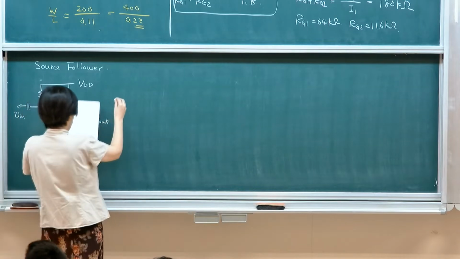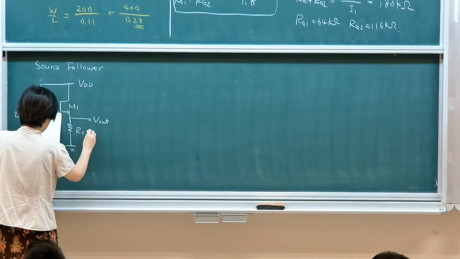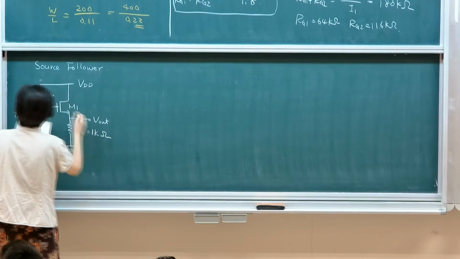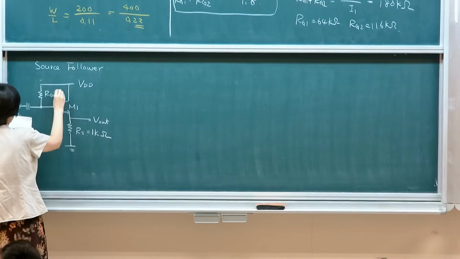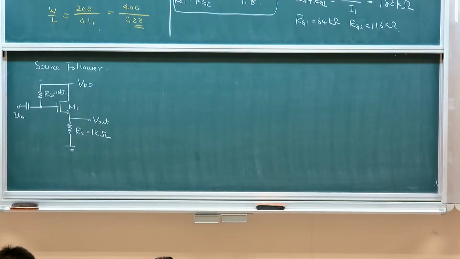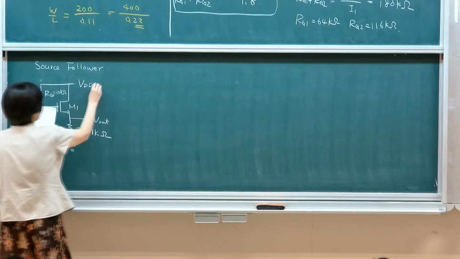So let me set it up first. This is 1 k ohm. And this can be an arbitrary number. This does not really change too much, only in terms of speed, so you don't actually care. There's no DC current flow. Okay, and this is 1.8.